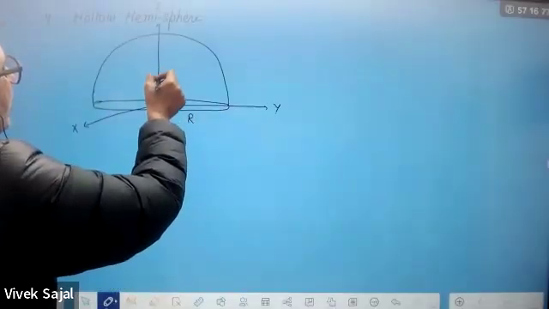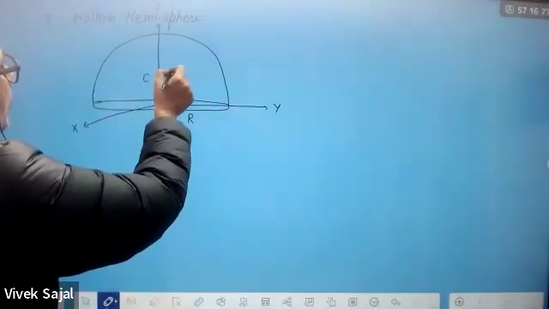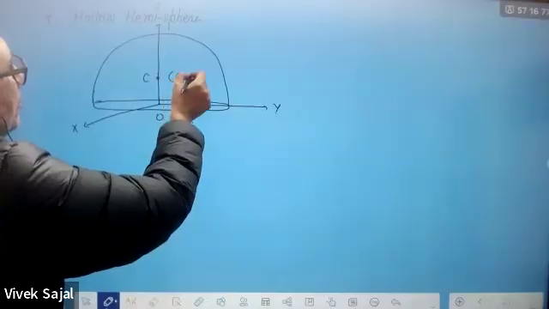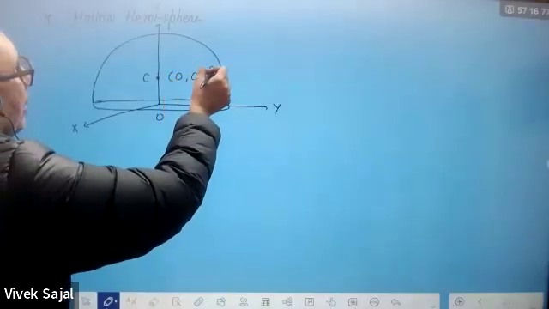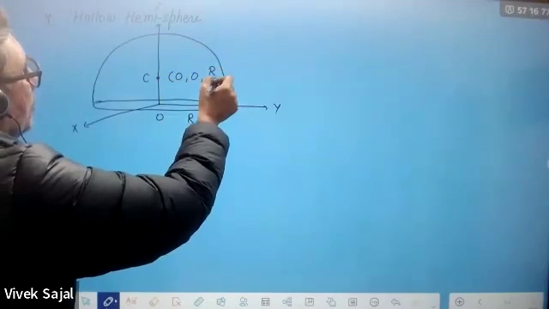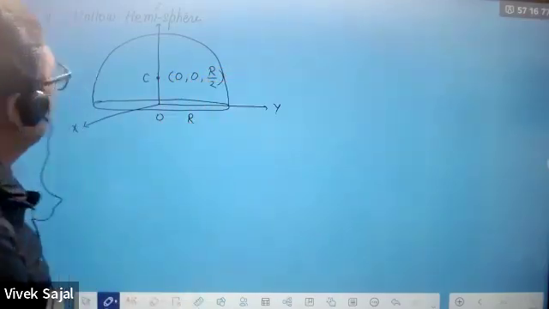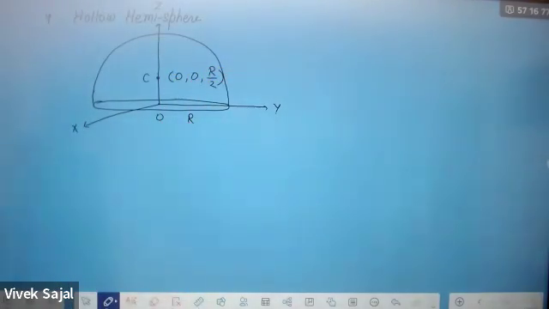So the center of mass will be here. What will be its coordinate? 0, 0, and r by 2. So this will be the position of center of mass in case of hollow hemisphere.